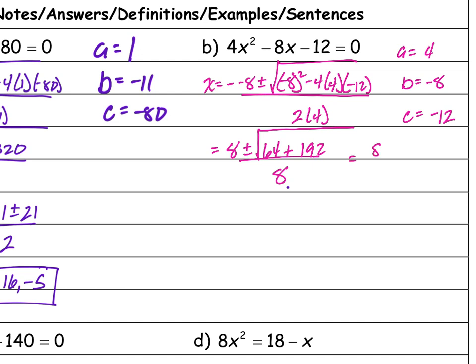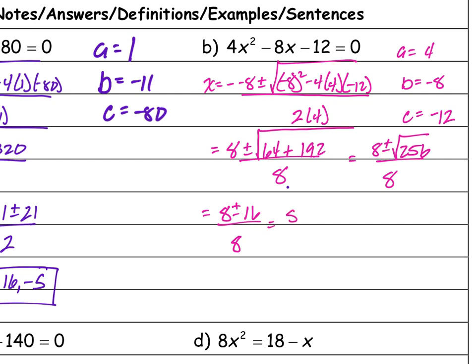And that gives me 8 plus or minus the square root of 256 divided by 8. Oh, no, not square root. The square root of 256 is 16. So if you just put that into your calculator, you'll be able to figure that out.